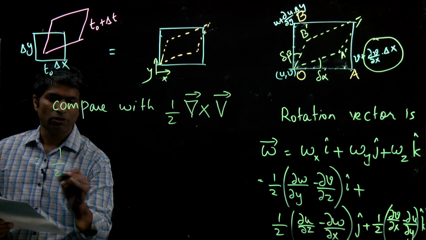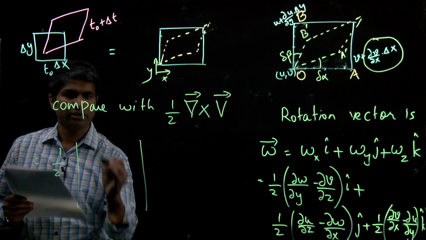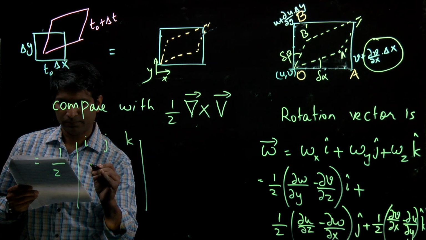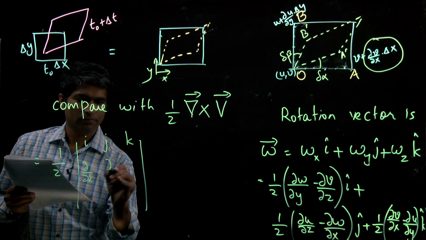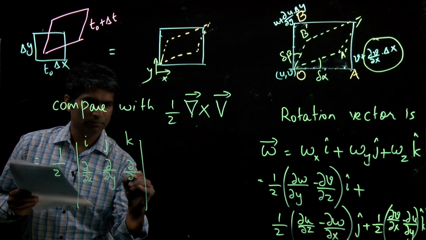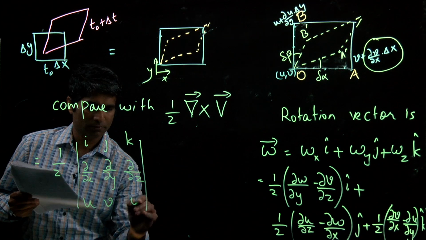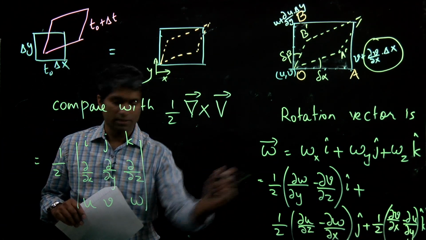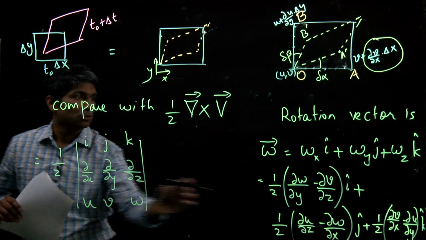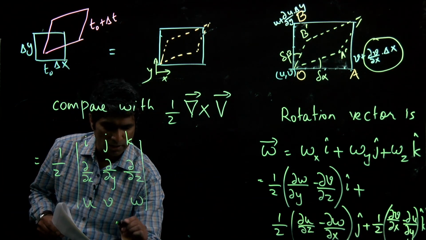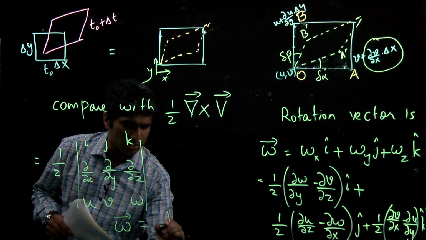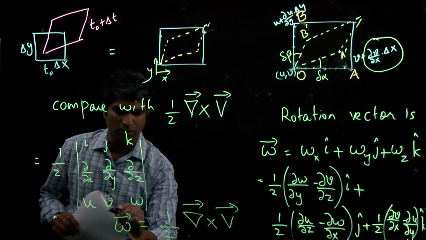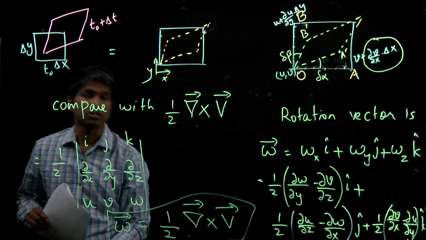This would be half of the determinant, and so what you get is essentially these two turn out to be the same. So what we are saying is the rotation vector is nothing but half the curl of the velocity.